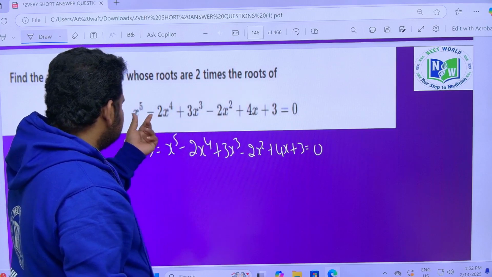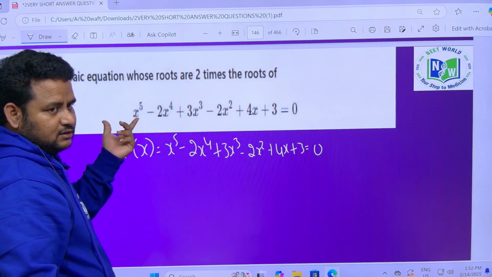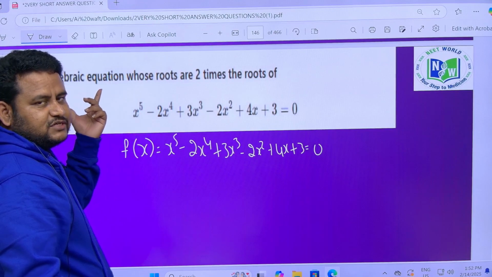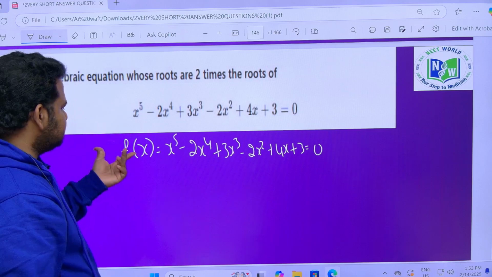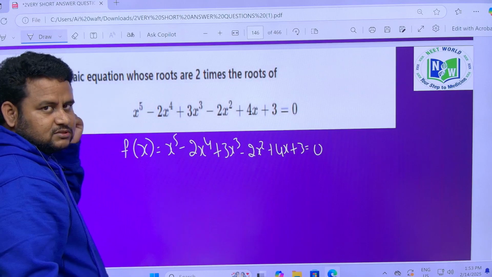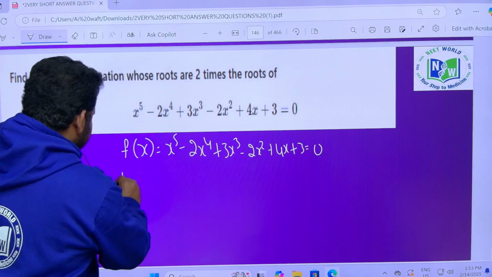Suppose the root of this is 1, the root of that equation will be 2 times, that is 2. So what is the required equation? If the roots are 2 times, the required equation will be f of x by 2.